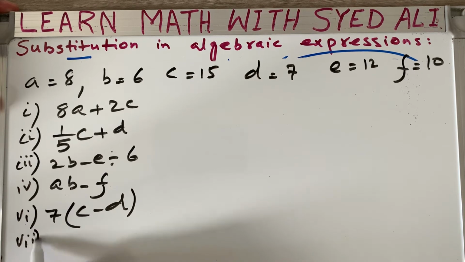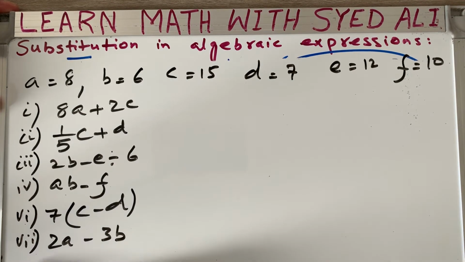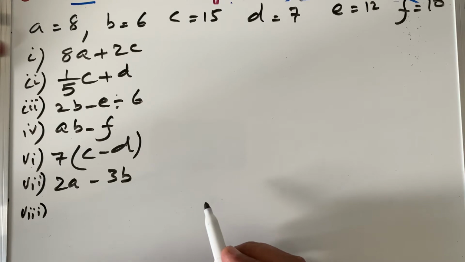Then I can have 7 times C minus D. Then I can have, what else? You can have 2A minus 3B. 8th one, you can make it if you want to.